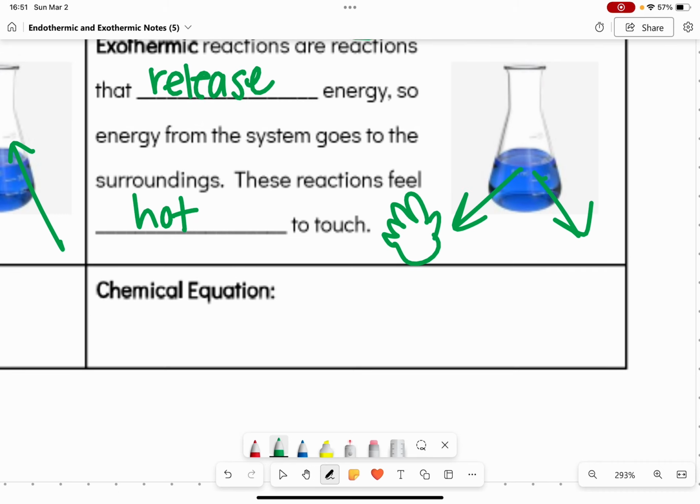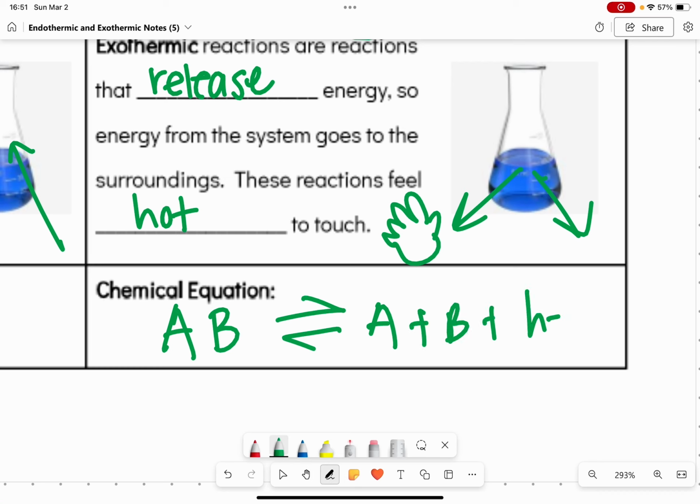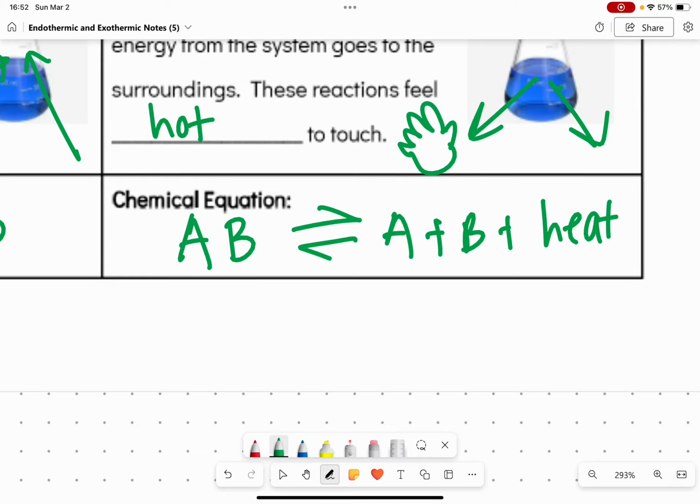Now, the chemical equation is going to be the opposite. So instead of heat going into it, because it's exiting or being released, it's going to go out of it. So it's going to be a product.